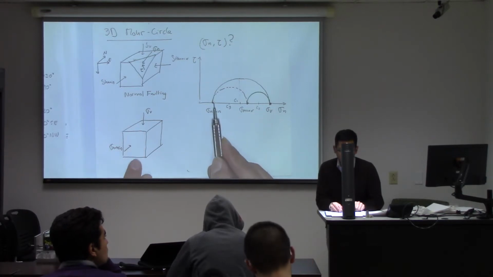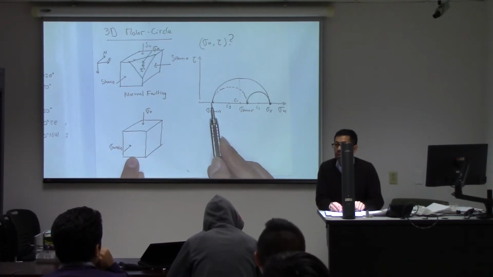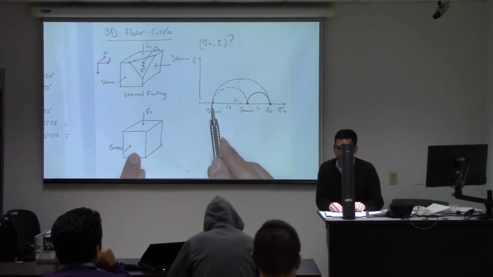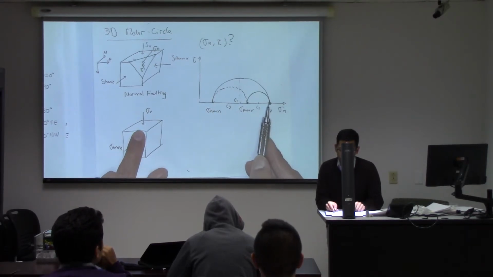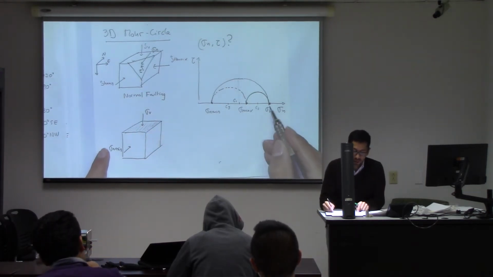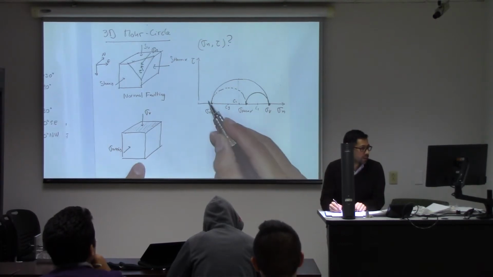What about this point over here? Which side of the cube is that? Into the page. It's the front side of this cube, right? So this one is that one. This one over here is this one.